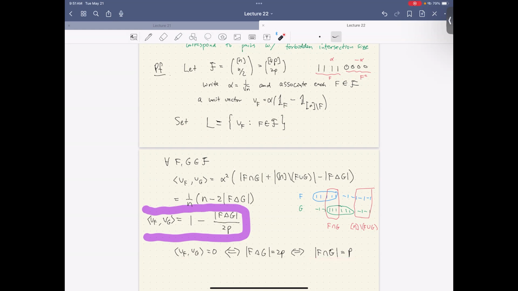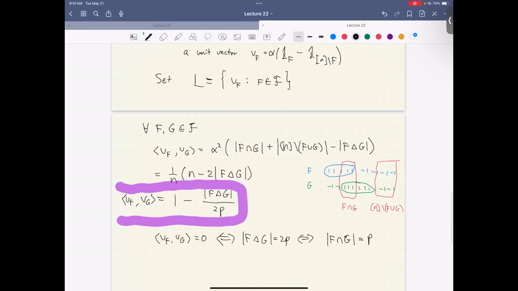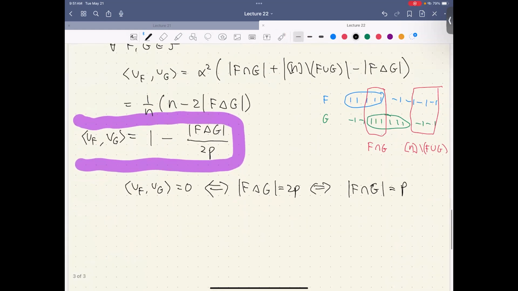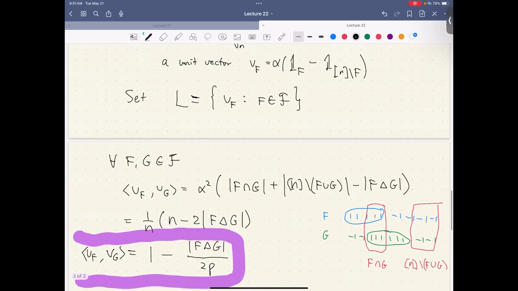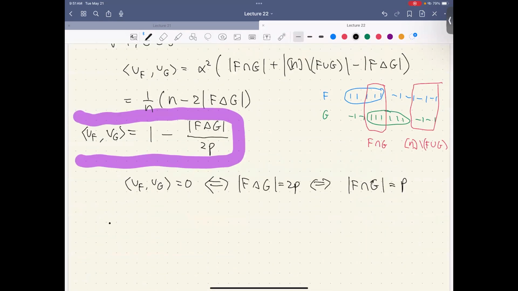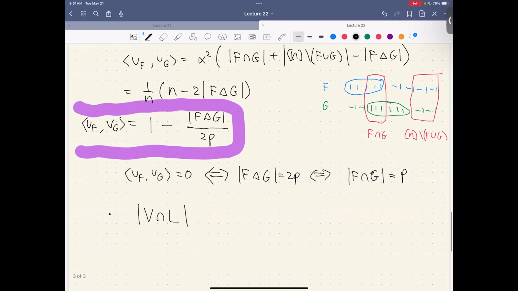Very good. So what does that mean? That means now we can take L as an observation group and look at V, our set with no orthogonal pair, and how it intersects with L.